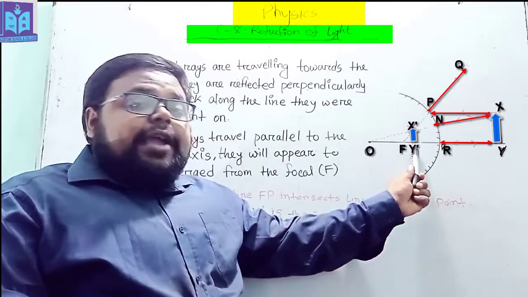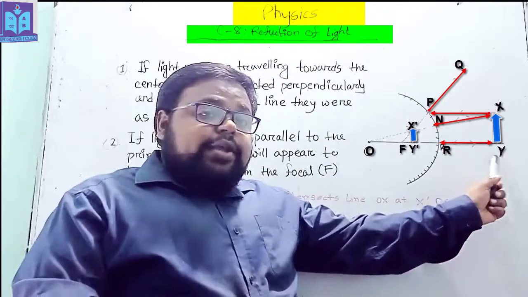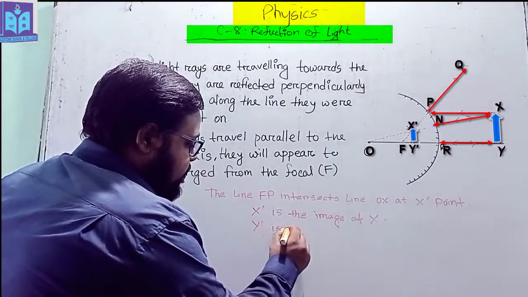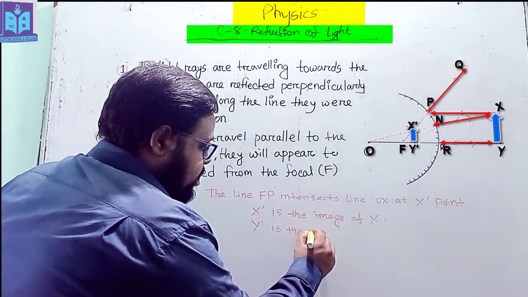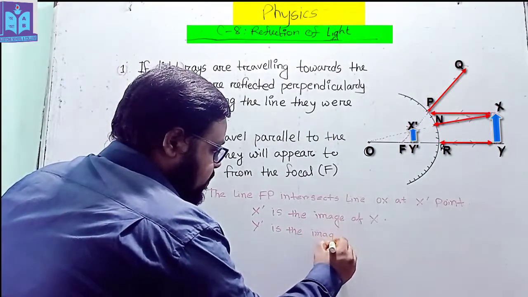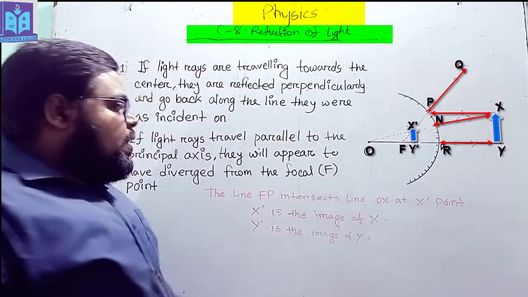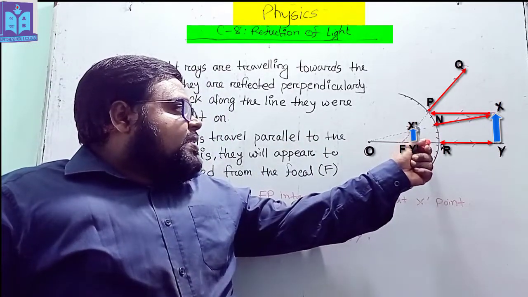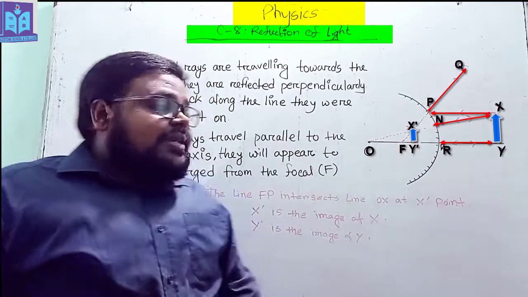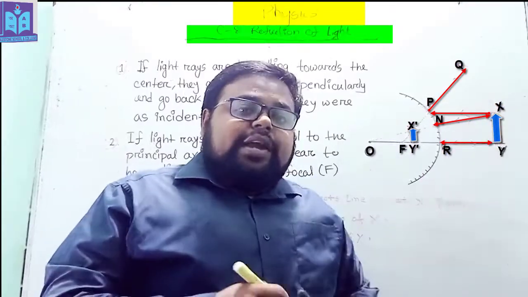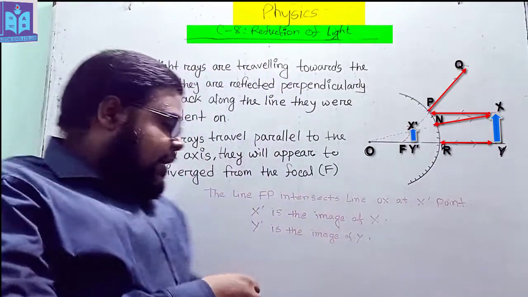Then Y prime is the image of Y. So this X prime Y prime is the image of this XY real object.